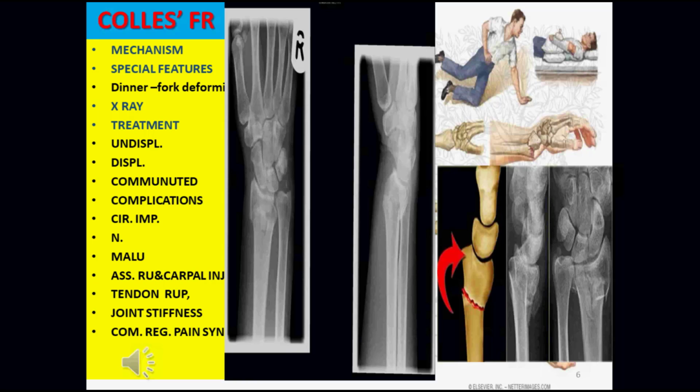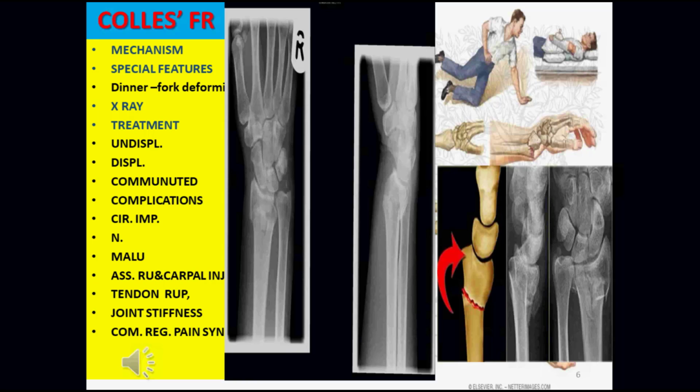The distal fragment is then pushed into place by pressing on the dorsum while manipulating the wrist into moderate flexion with ulnar deviation and pronation.